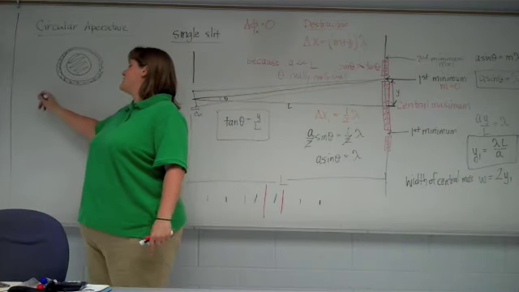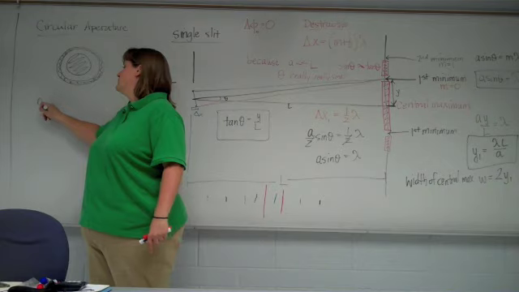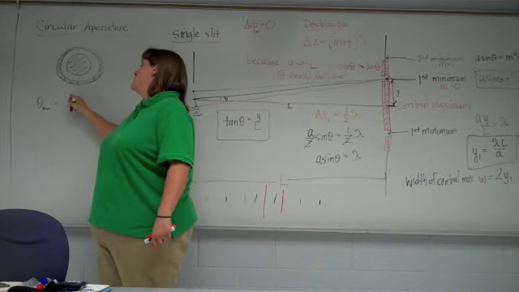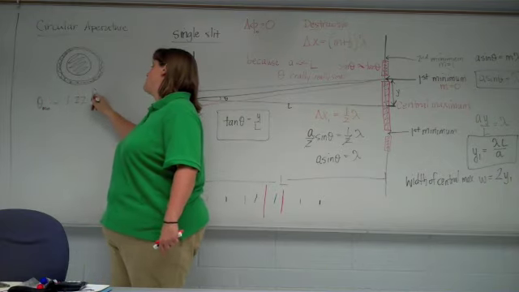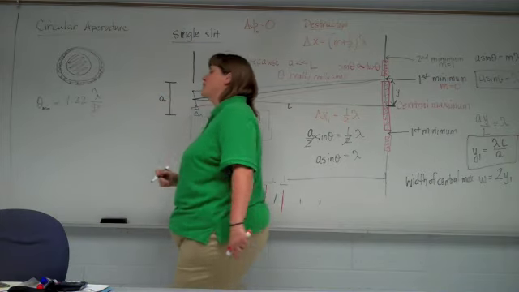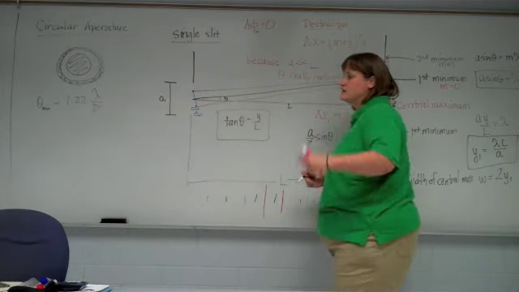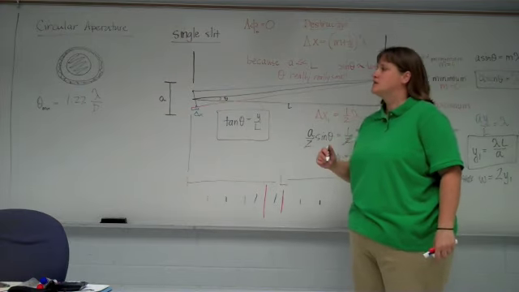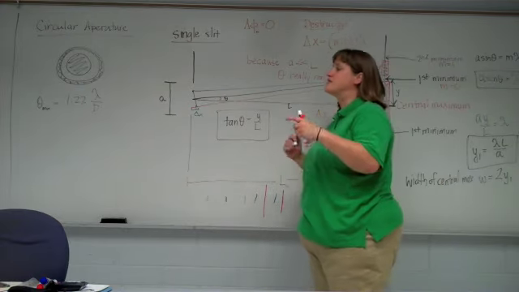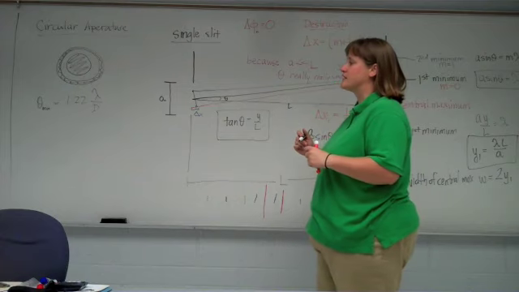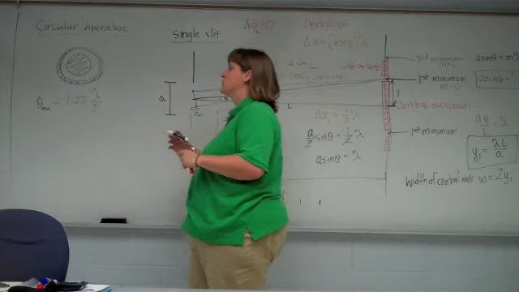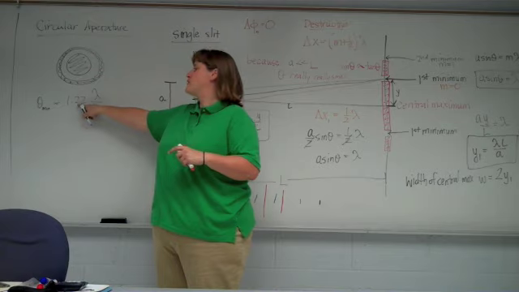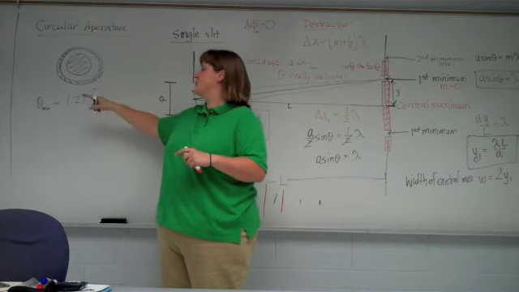Here we get the minimum angle, theta minimum equals 1.22 lambda over d. The 1.22 is what makes it circular. I haven't derived the equation, so I'm not exactly sure which part of it makes it. But the 1.22 you see because of the circular opening.